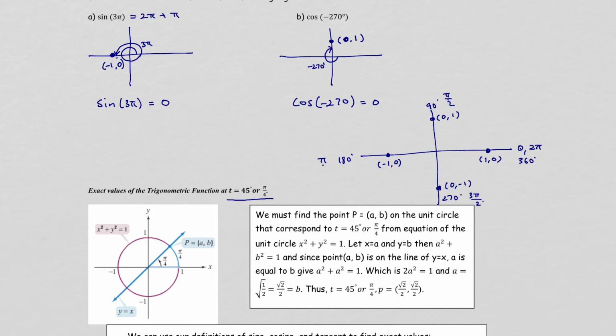There are 3 other angles that are going to be used all the time. One is given right here, which is 45 degrees or pi over 4. You also have pi over 6, which is 30 degrees, and pi over 3, which is 60 degrees. And these are very important measurements, so I'm going to highlight them with red.